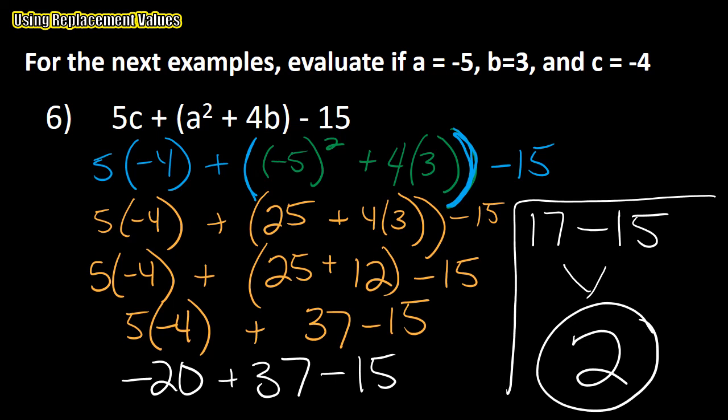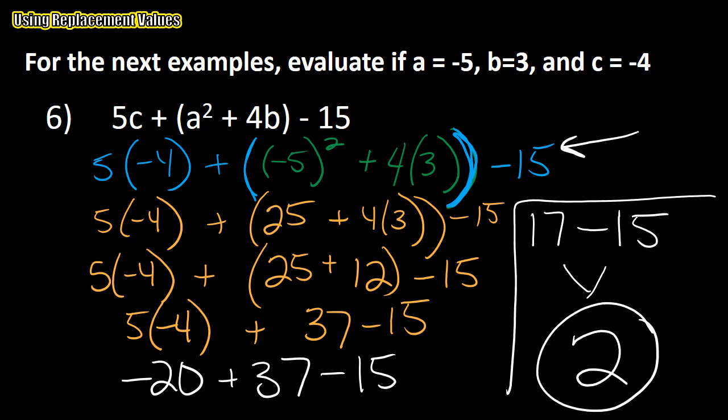But you can see here that I showed all my replacement values first. I made sure I was neat and clean with using the parentheses. Made sure it was all there to start, and then I worked one step at a time. This one took a lot of steps.